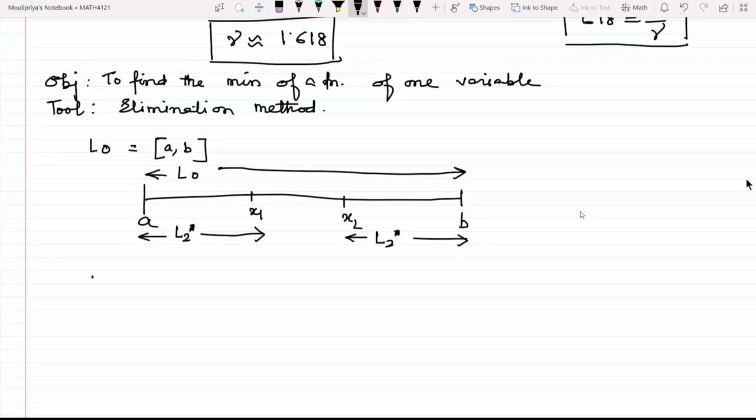Now, what is L2 star? L2 star is derived using the Fibonacci search algorithm. This is going to be L0 times Fn minus 2 by Fn.